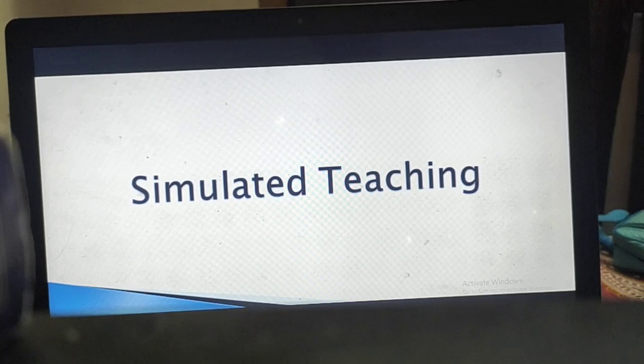When a teacher faces complexity in the real classroom situation, through micro-teaching skill experience, the teacher can solve the problem immediately.